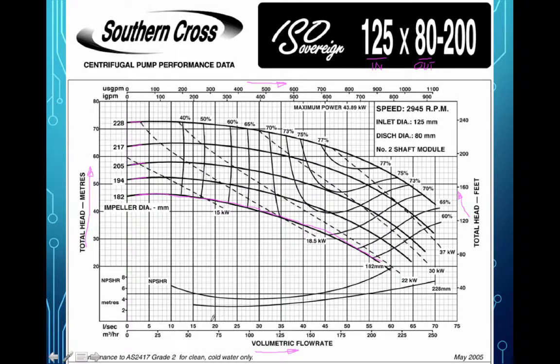So for instance, if we're producing 15 liters per second with that pump, that's the 15 liter per second operating point, and we can read across, it will produce about 45 meters of head. We go up to 55 liters per second, so almost 4 times as much flow. The pump only can produce 22 meters of head at that point.